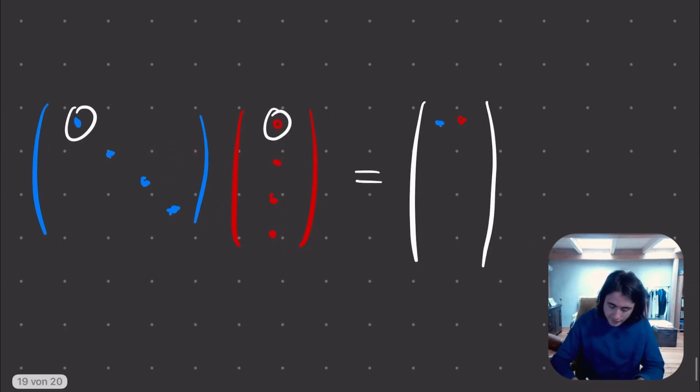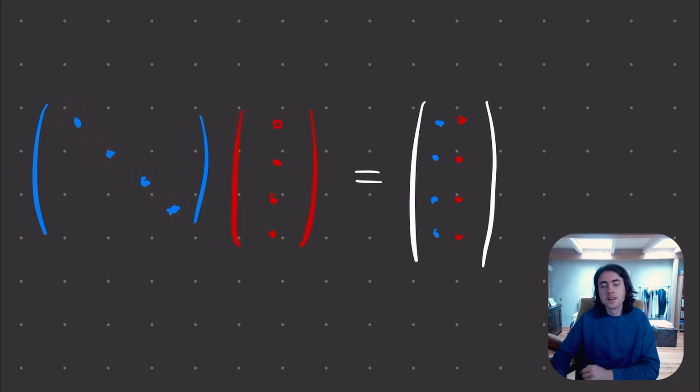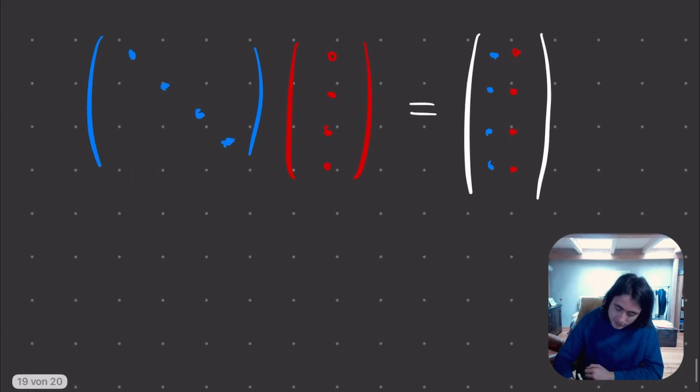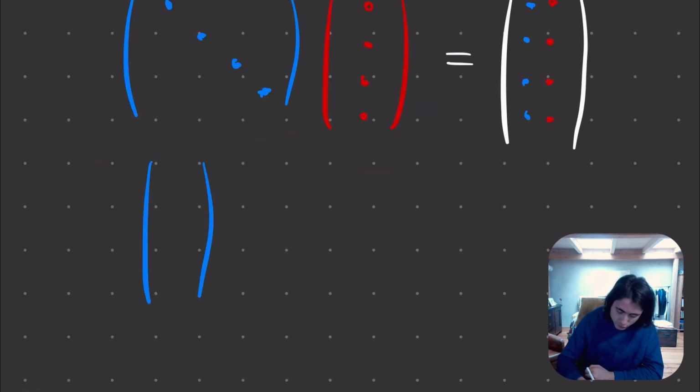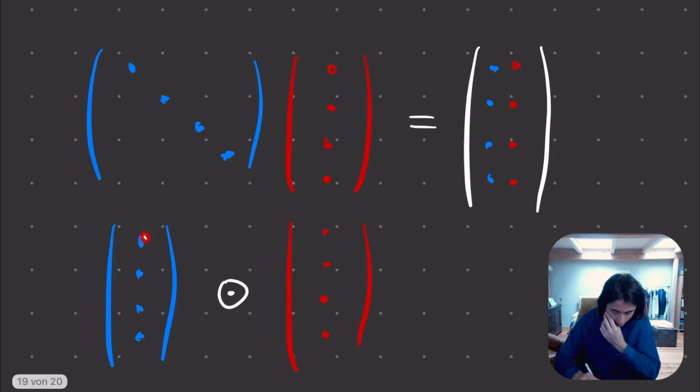So what we get at the end is that we're multiplying all of the individual entries of that vector here with the entries of the diagonal matrix. So this is basically the same as if we were to pack this diagonal matrix into a column vector and taking the Hadamard product with the other vector. And the Hadamard product is just a pointwise multiplication. So this times this, this times this, this times this, and this times this.